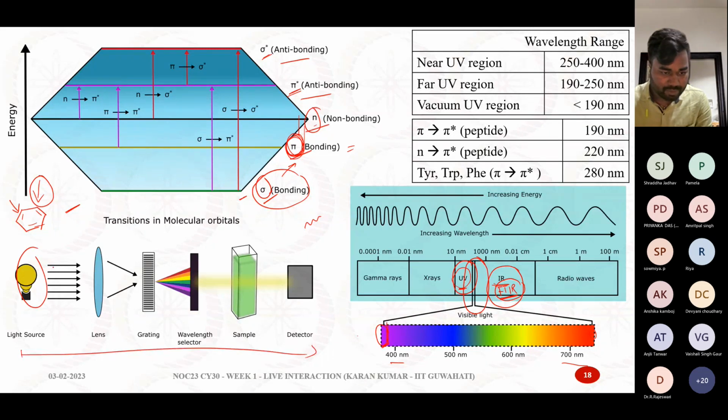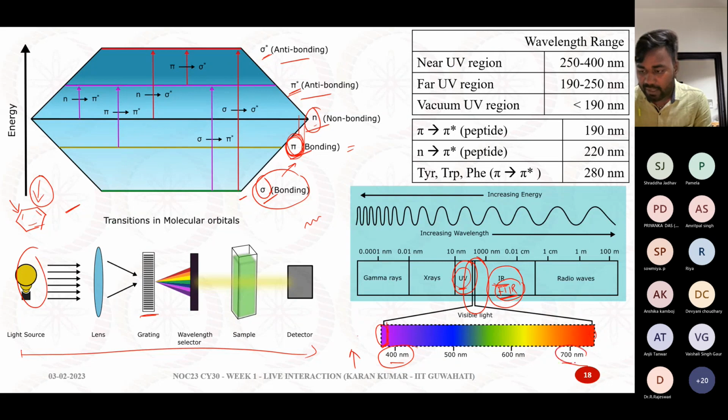There will be a light source that will be passed through a lens, and this energy will be condensed. Then that will be passed through a grating, which will select a particular wavelength. A particular wavelength represents a particular energy. Lesser the wavelength, the energy will be higher.